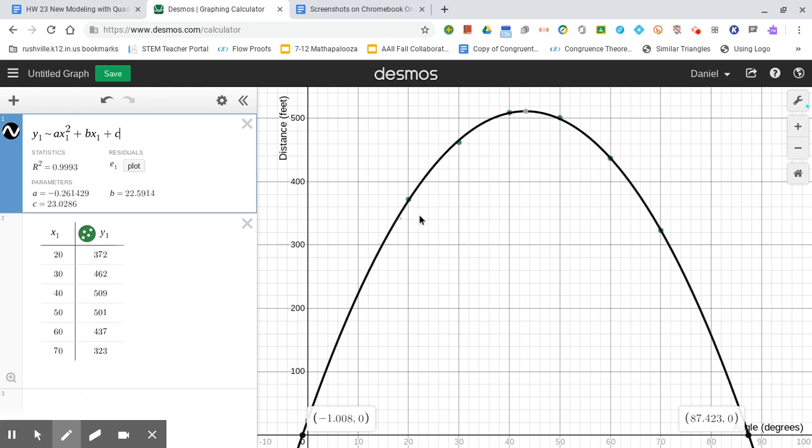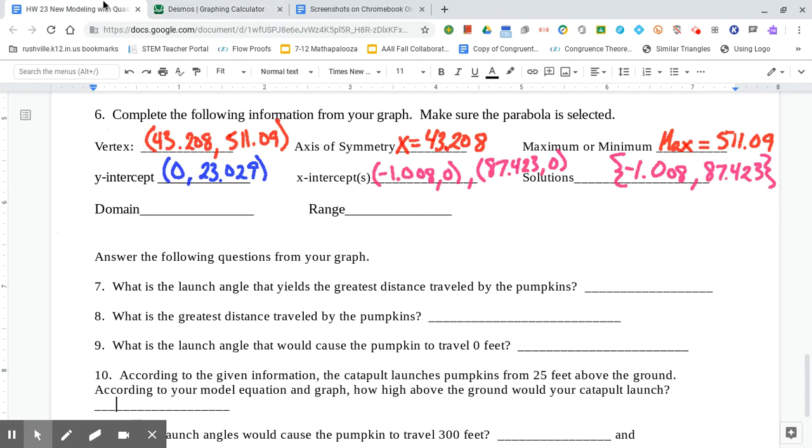The x values are the angles at which the pumpkin's thrown, and most of them make sense, but negative values do not. We don't throw anything from a negative angle. That would mean that we've gone underground before we ever released it. So the lowest x value that's going to make sense in this scenario would be 0, an angle value of 0. That's the first number that is non-negative.